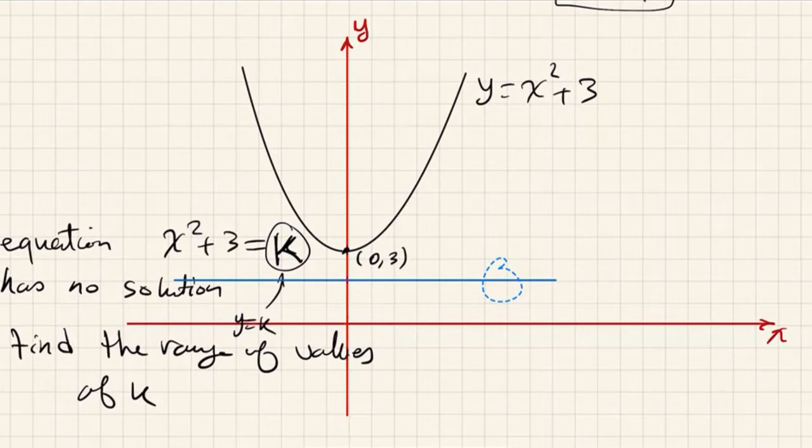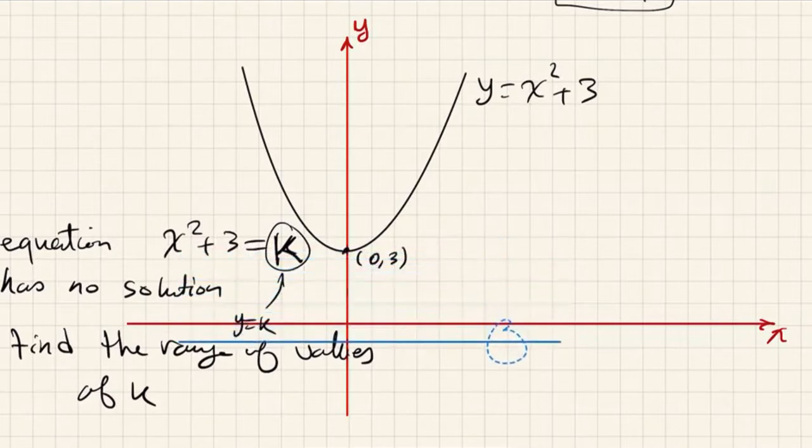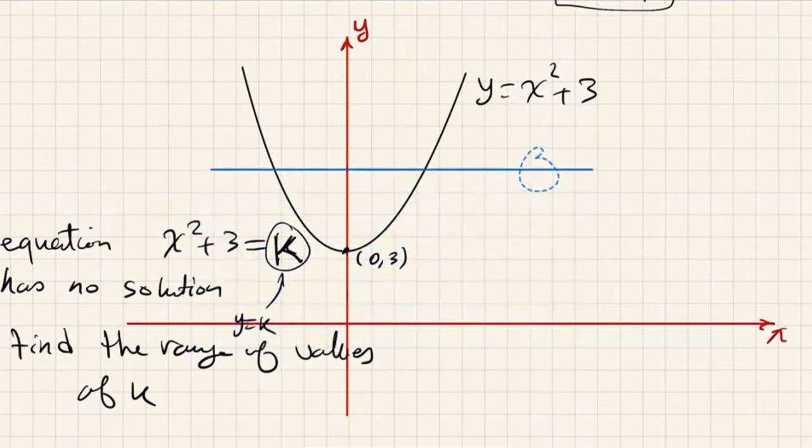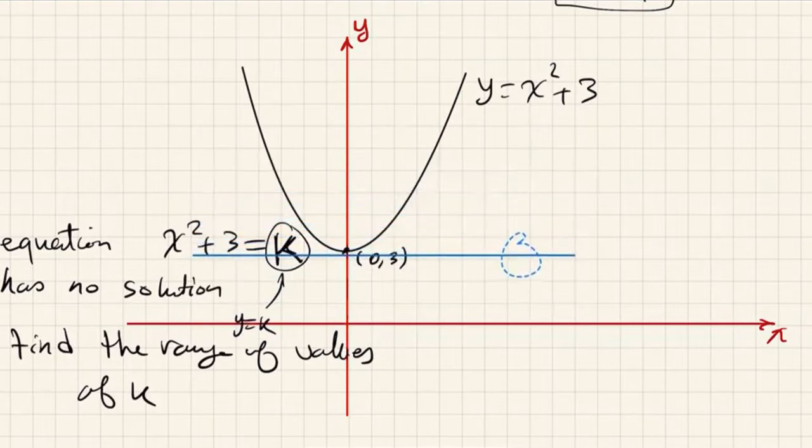No, none at all, right? I'm talking about the blue line with the black curve. No solution, right? So the no-solution case starts just below 3. Anything less than 3 has no solution. Anything above 3 has two solutions. Exactly 3 has one solution. Did you get it?